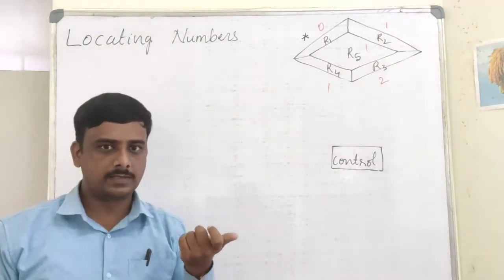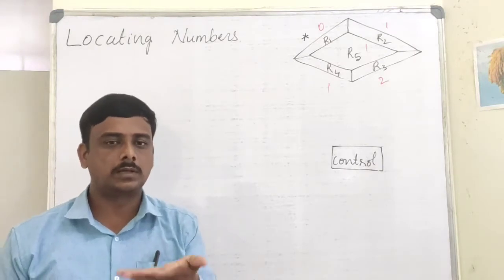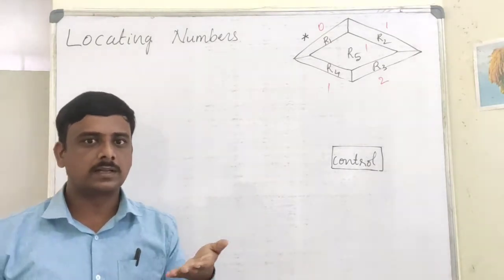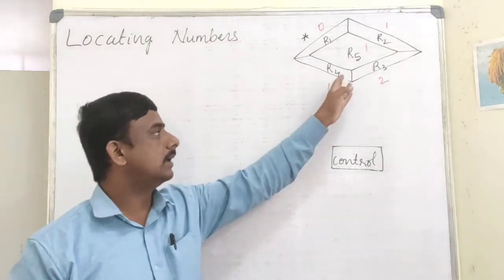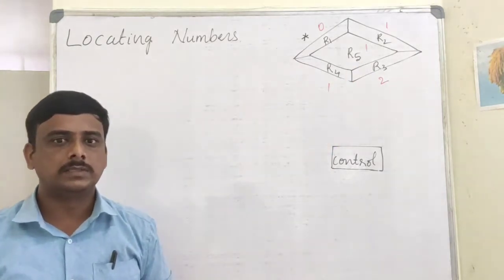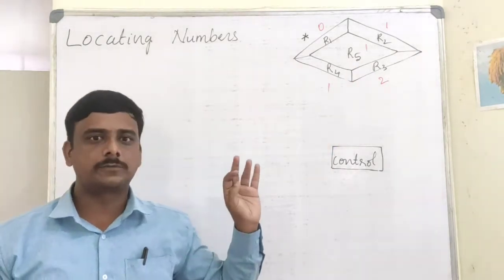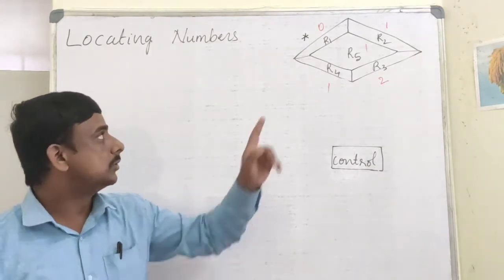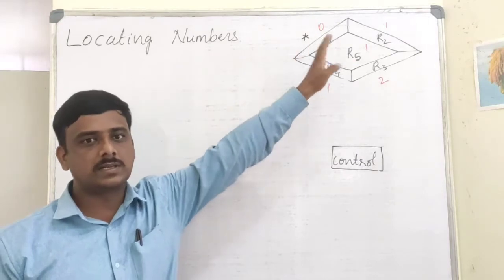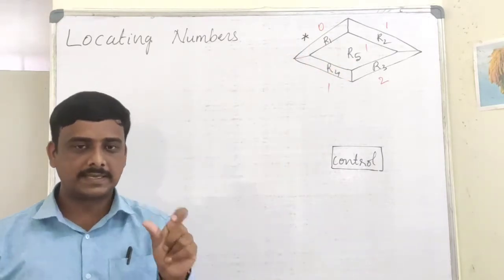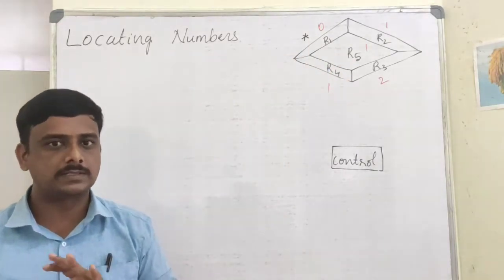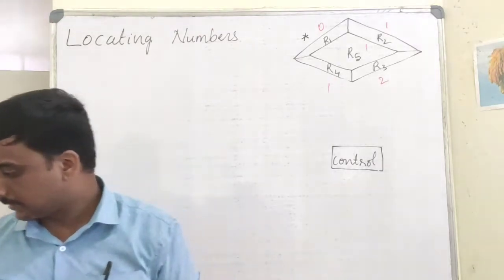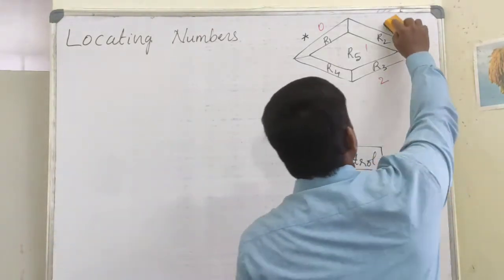If I receive a message from the sensor that the fire has happened in a room at distance 1, then it may be R2 or R5. Identifying which of these rooms will be difficult. So with the help of only one sensor, I can't determine exactly in which room the fire has happened. For that, I have to use one more sensor.